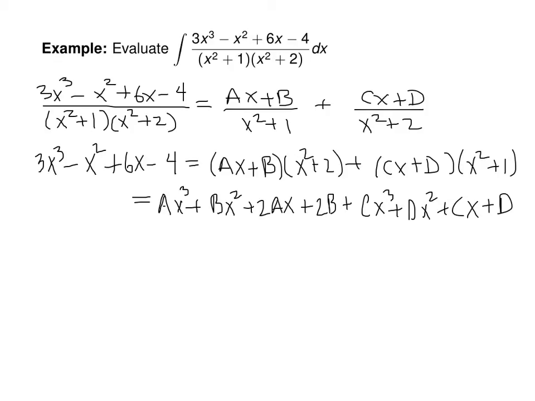And now let's group all the terms. So first the x cubes. I have this one and that one. So we'll have x cubed times A plus C. And now the squareds, we have this one and this one.